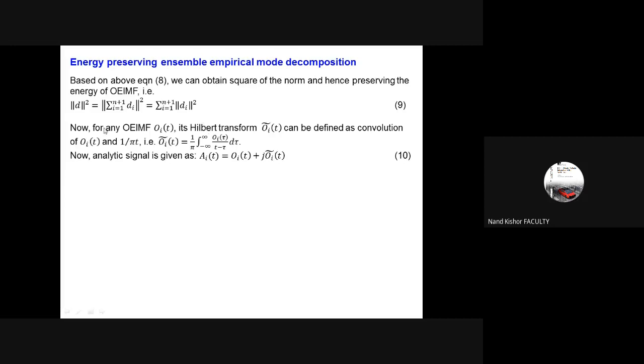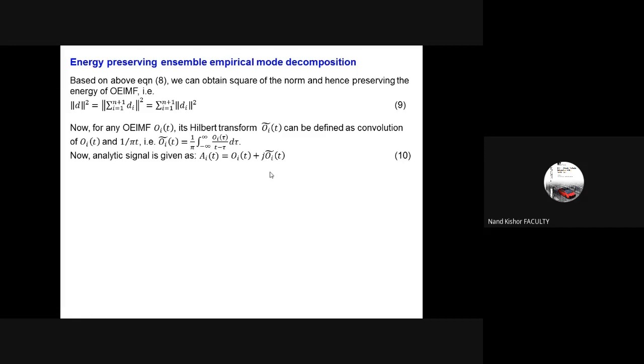And next, for each orthogonally decomposed IMF, we obtain the Hilbert transform following the convolution on the orthogonally decomposed signal here, right? And then we can write the analytical signal as the real part of the orthogonal decomposition and the imaginary part of the orthogonal decomposition.